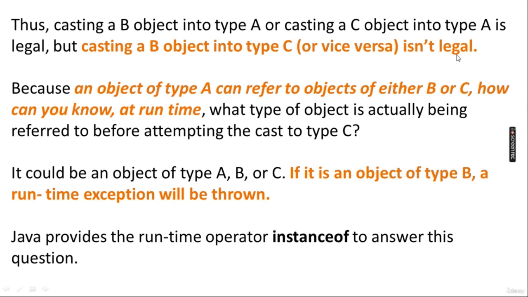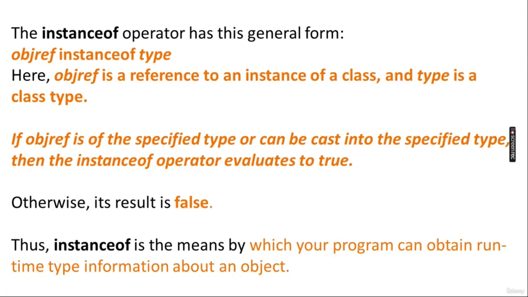Because an object of type A can refer to objects of either B or C. How can you know at runtime what type of object is actually being referred to before attempting the cast to type C? It could be an object of type A, B or C. If it is an object of type B, a runtime exception will be thrown. And Java provides a runtime operator, instanceof, to answer this question.